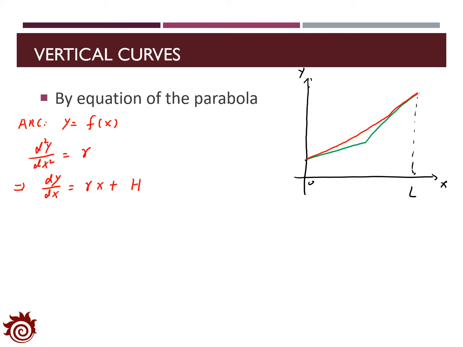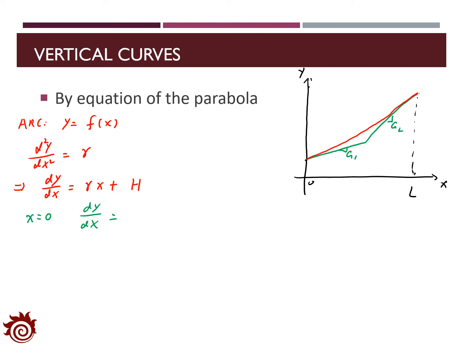Also, we have to apply the initial condition. At x equal to 0, we have the slope of the curve as dy over dx equal to the first segment's slope, say g1. For the second one, it's g2.